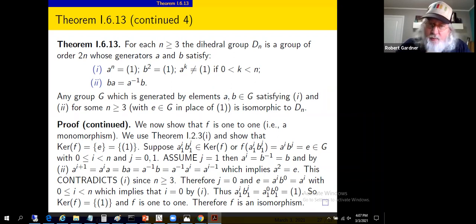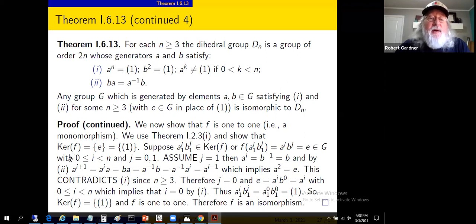It's a homomorphism, so we will have an isomorphism. Theorem 1.2.3 part 1 says if the kernel consists only of the identity element, then we have a one-to-one mapping. Then we have an injective mapping.